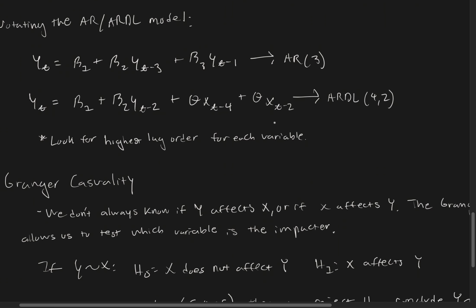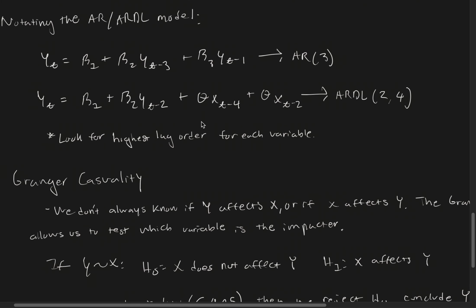For our ARDL model, because it includes the y variable of its past self, and then also an explanatory variable, we'll have two notations here. So ARDL. Okay, this is actually wrong. It should be 2, 4.